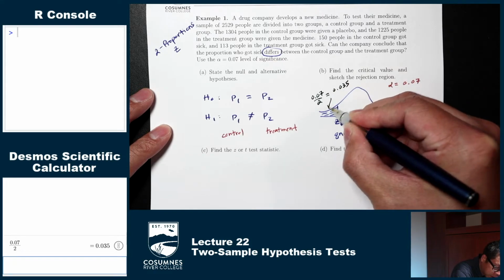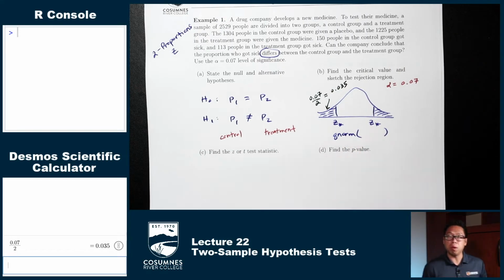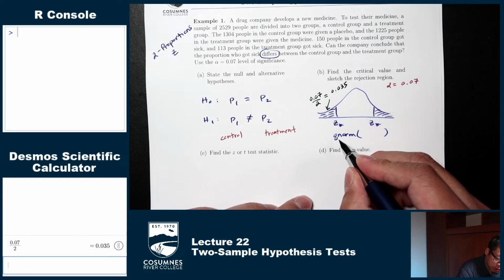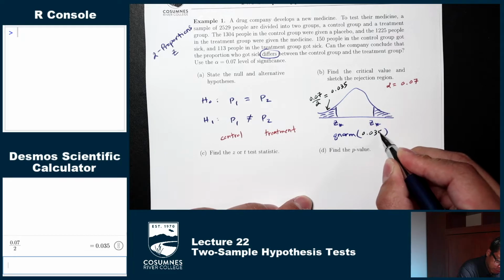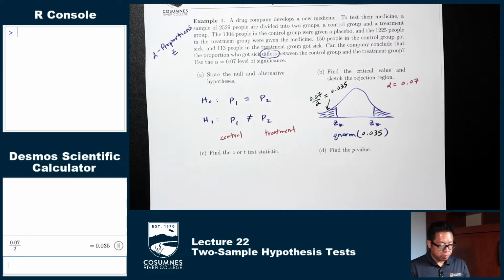That's just the left shaded area, which is what I want to plug into R. So we're going to be plugging into R Q norm 0.035. Negative 1.812, so round to 3 decimal places.